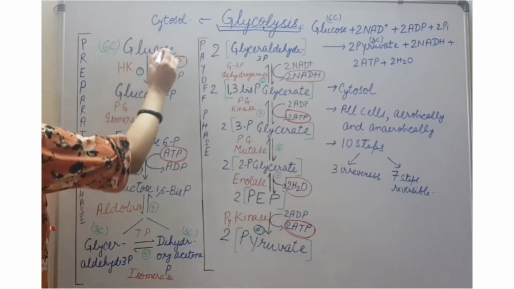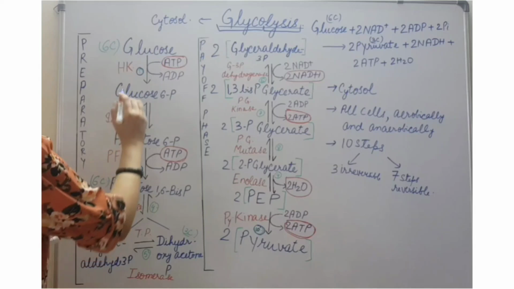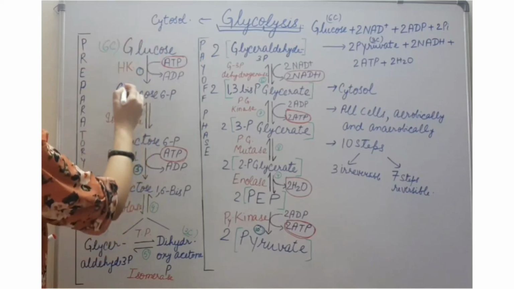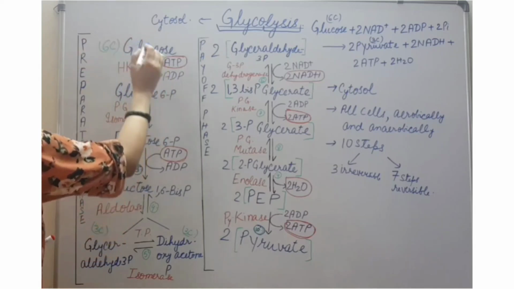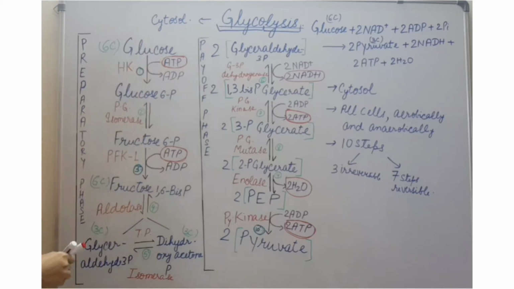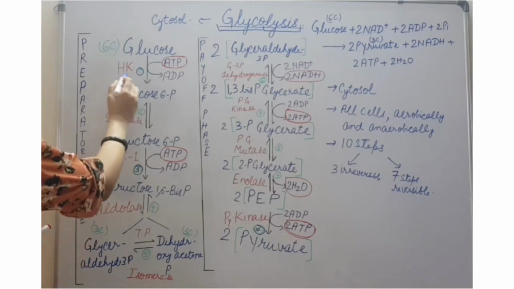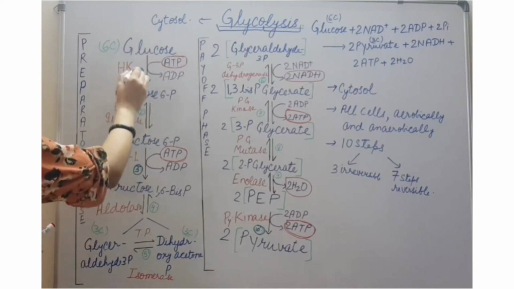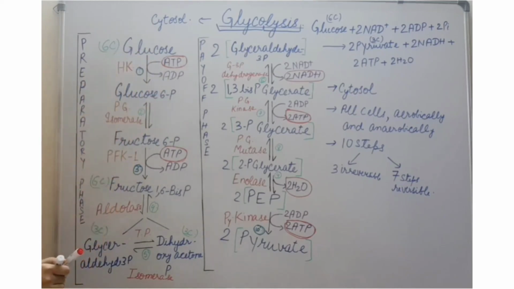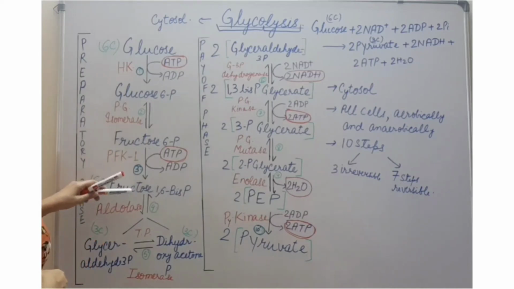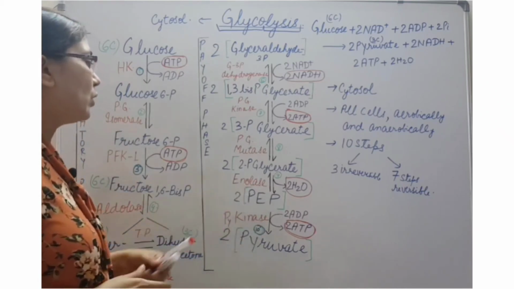We can convert glucose to glucose 6-phosphate, but if we want to reverse it, conversion of glucose 6-phosphate to glucose is not energetically favorable. That means a large amount of energy is required, and this reverse step is also not catalyzed by the same enzyme, but it requires some other enzyme. Similar in case of conversion of fructose 1,6-bisphosphate to fructose 6-phosphate and pyruvate to phosphoenol pyruvate.